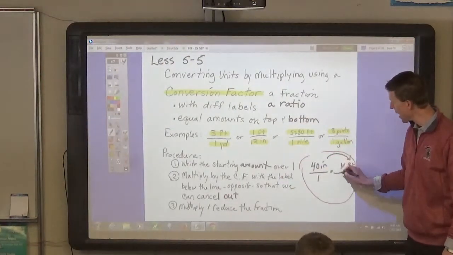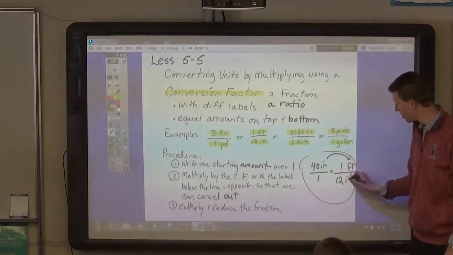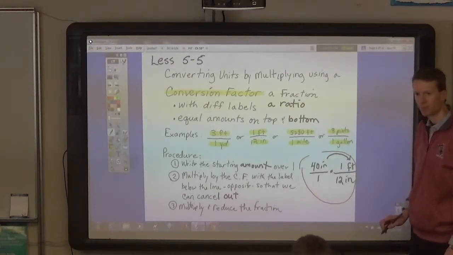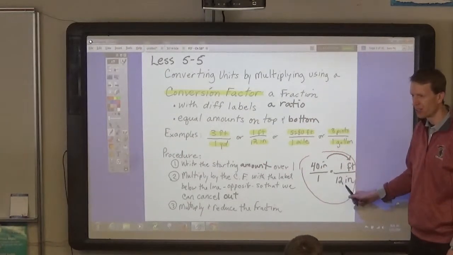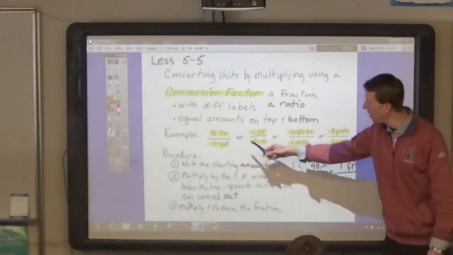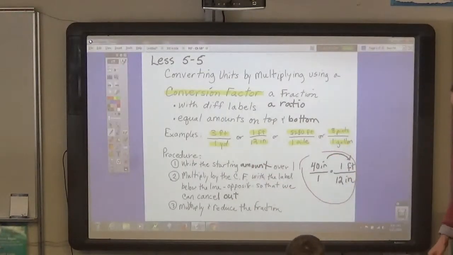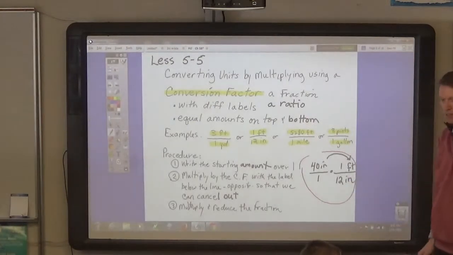So you use that number, 1 foot over 12 inches. And that's the conversion factor that you multiply. You're going to pick one that helps you to figure out and go from inches to feet.